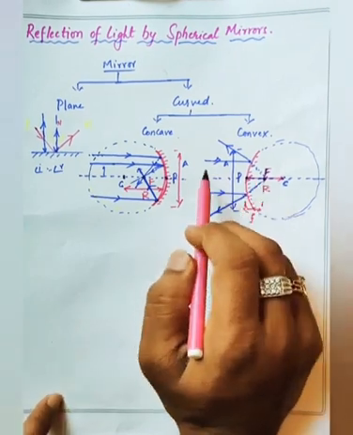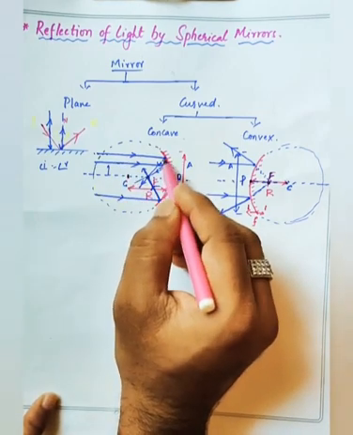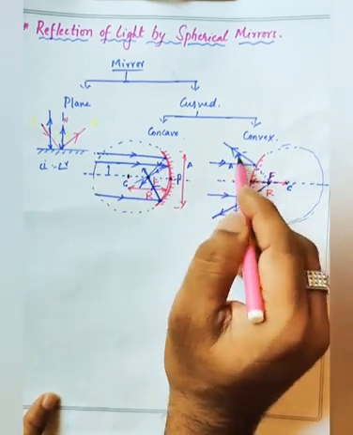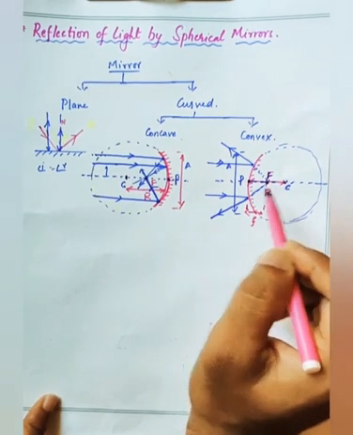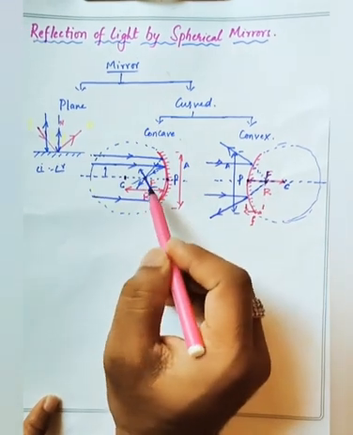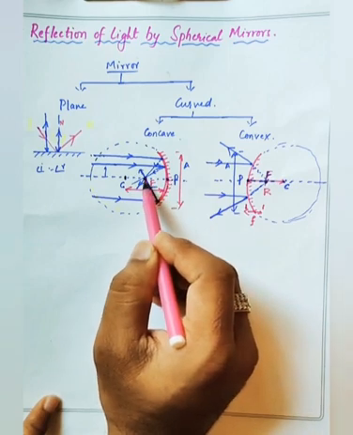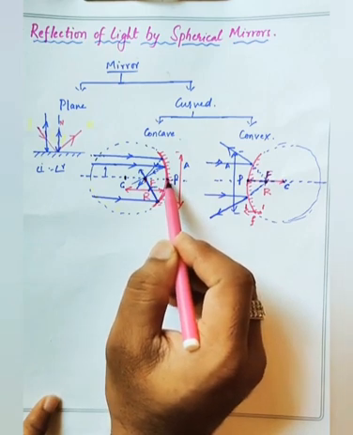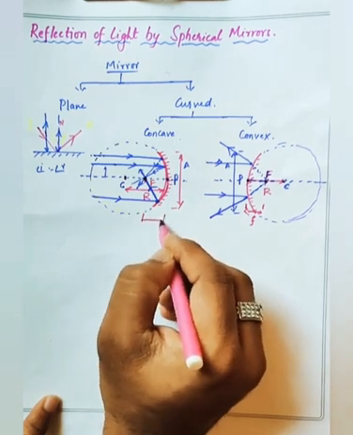Once the ray strikes the reflecting surface, here it is converging and here it is diverging, but it appears to diverge from this particular point F. Here also it is converging to the point F. So the distance between the principal focus and the pole is the focal length.